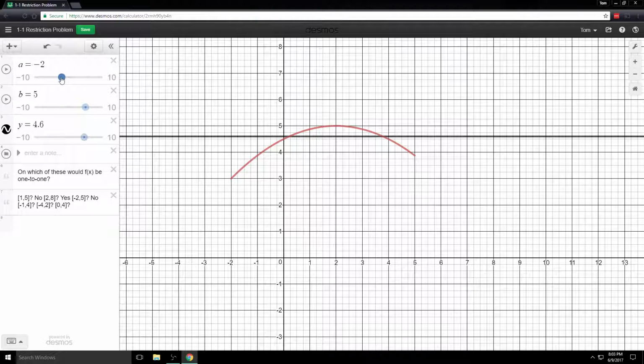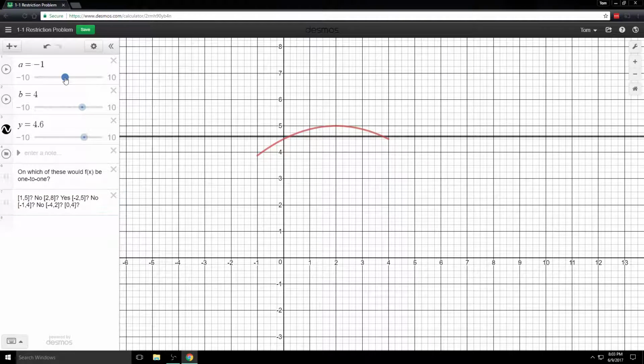All right, 1 to 4 is the next one. And here again the answer is going to be no, right? Here's a horizontal line that cuts through the graph in 2 places, so not 0 or 1. And so therefore the original graph restricted to that piece is not one-to-one on that piece.